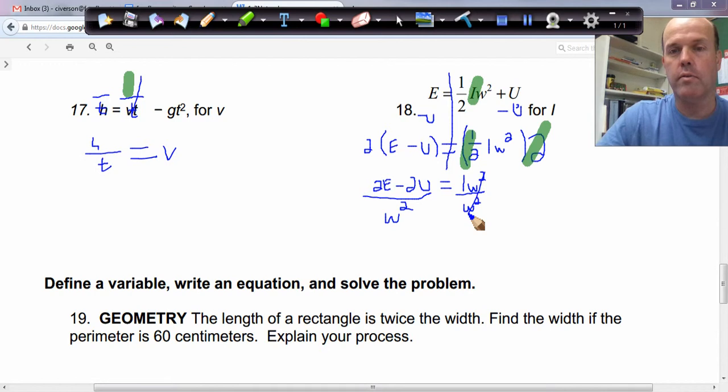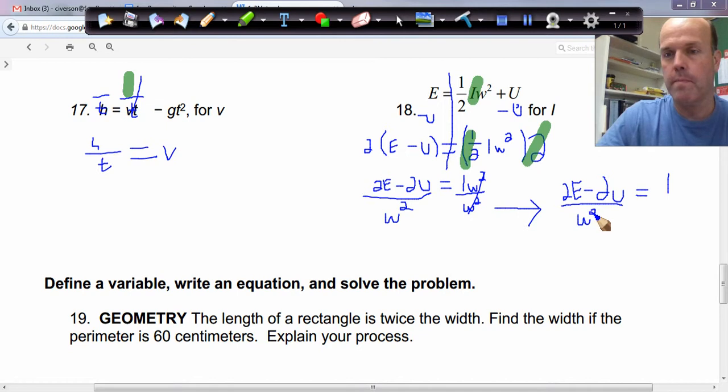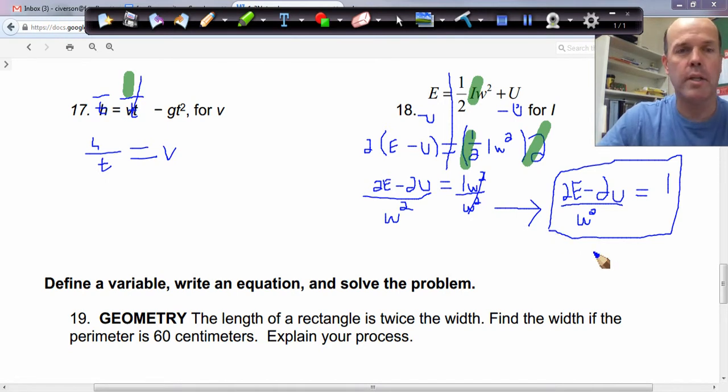And those cancel, and I have L by itself. So over here, I will write the answer. So I have 2e minus 2u is equal to L, and it's all over w squared. Ta-da! Alright.